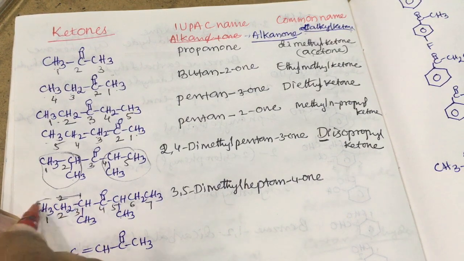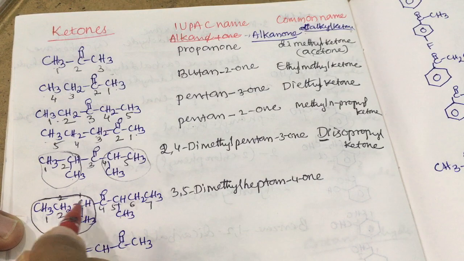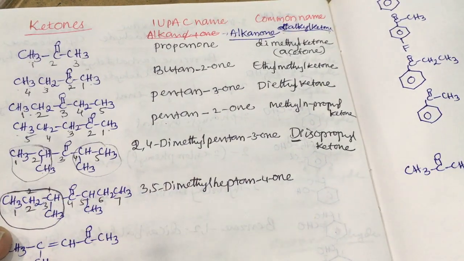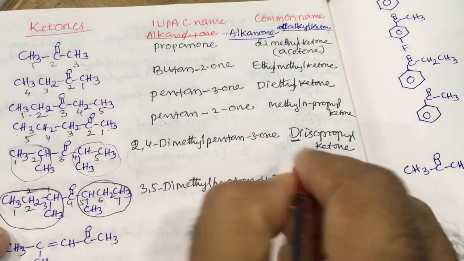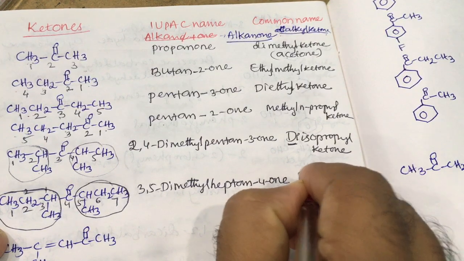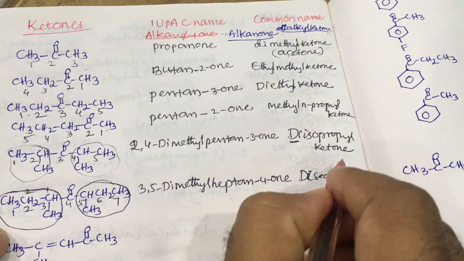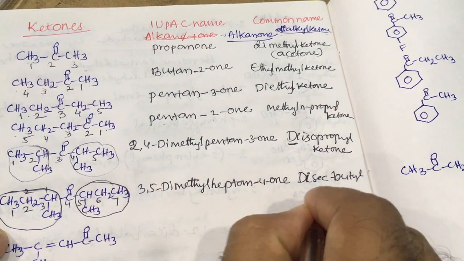This is the secondary butyl group. You may be studying it in first year. This is called secondary butyl: 1, 2, 3, 4 carbons. This carbon is a secondary carbon, so it is called secondary butyl. Like this, left also is there, right also is there. Therefore it is called di-sec-butyl, where sec means secondary butyl. Di-secondary butyl ketone.